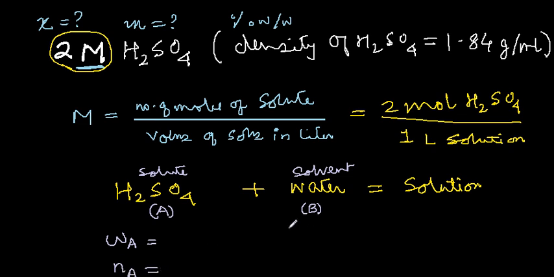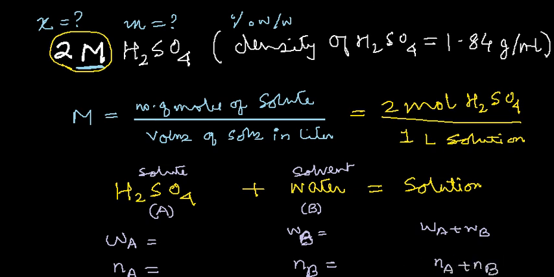Together, the weight of the solution would be weight of A plus weight of B, and similarly for the moles, number of moles of A plus number of moles of B.